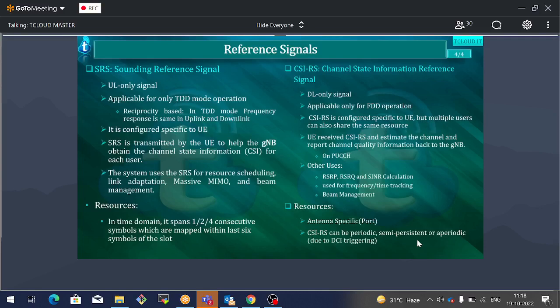Whether the mobile equipment is transmitting to the G-Node B or the G-Node B is transmitting to the mobile, it is the same frequency. When there is the same frequency, the channel conditions are similar, either in downlink or uplink, because the signal path would be the same. From mobile to G-Node B or G-Node B to mobile, it is exactly the same path.